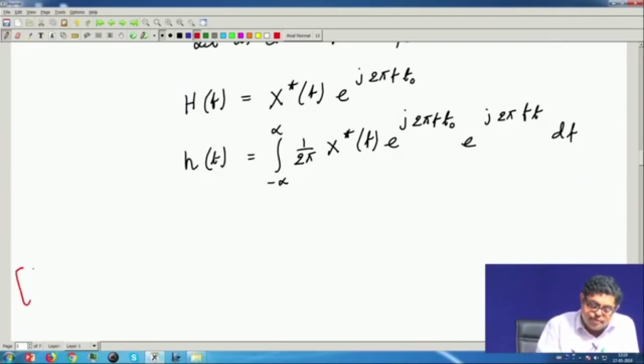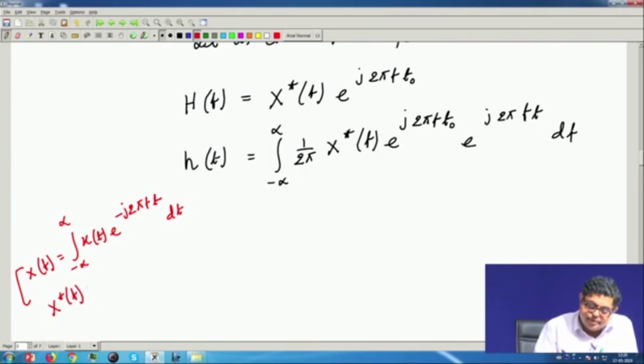So, we know that what is X(f)? X(f) is the integral from minus infinity to infinity of x(t) e to the power minus j 2 pi f t dt; this we know. So, what is X star(f)? X star(f) is the conjugate of that spectrum.